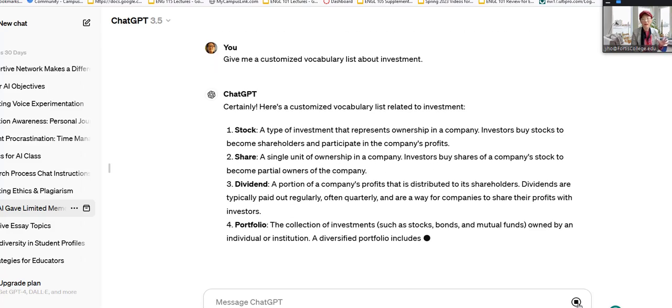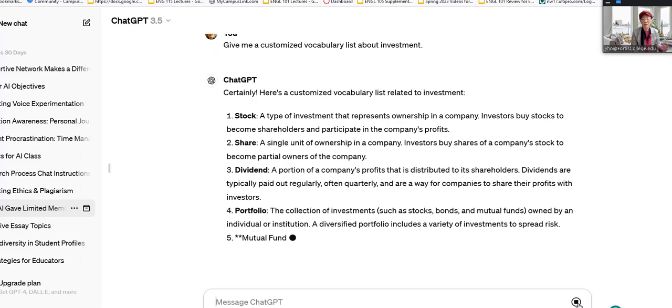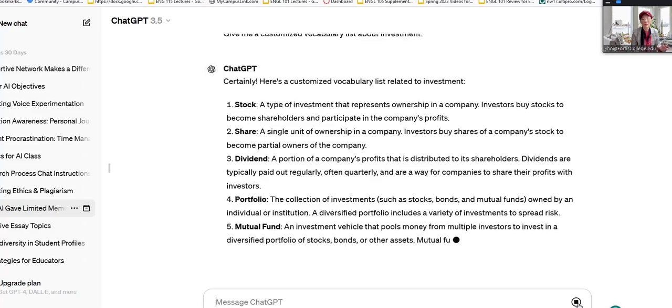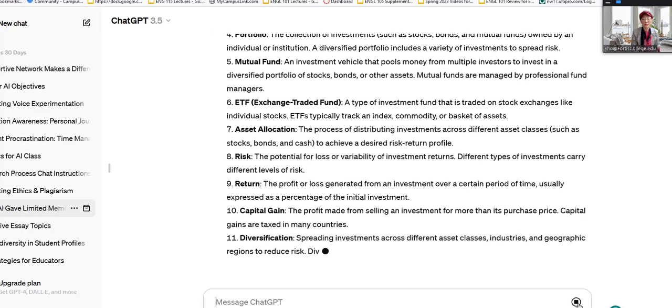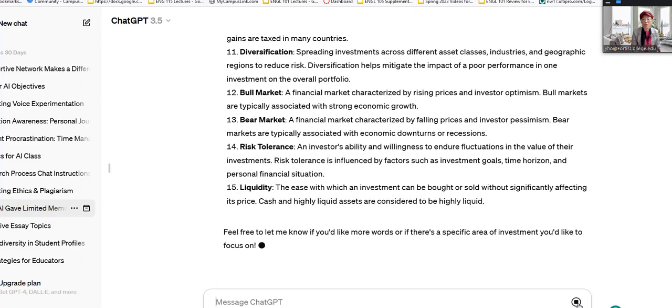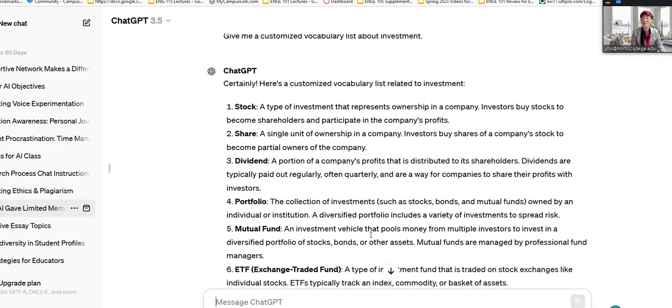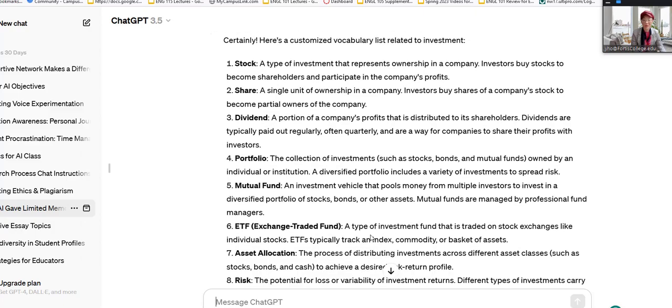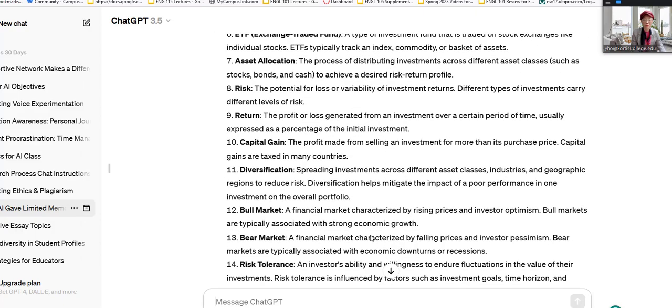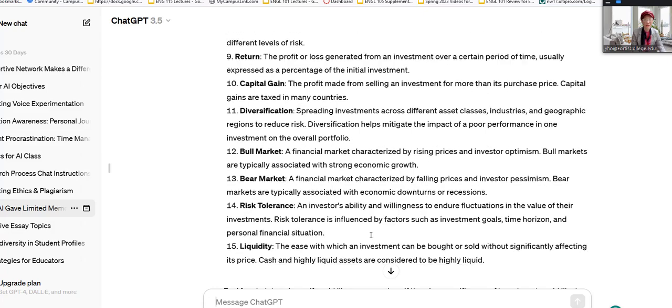Then ChatGPT will give me a bunch of vocabulary words to learn, because I am trying to learn about investing. Here I'm learning all of these words you need to know if you're going to be investing in the stock market: dividend, portfolio, mutual fund, risk, return, capital gain.